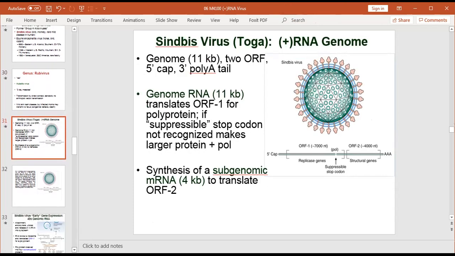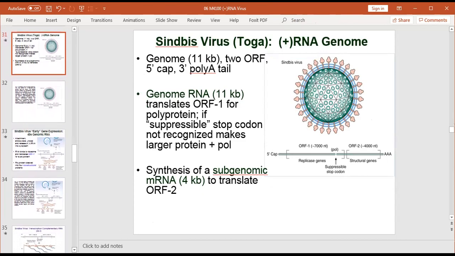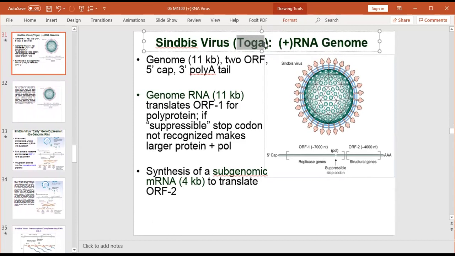Slide number 35 talks about the genome structure of Sindbis virus, which is a togavirus, and the genome is positive sense RNA. The genome is 11 kilobase positive RNA. It has two open reading frames.